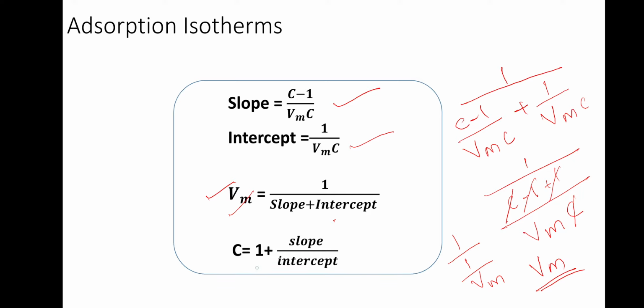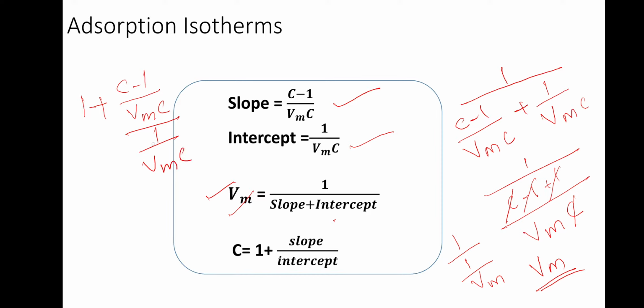Similarly, C is equal to 1 plus slope by intercept. The slope is (C minus 1) divided by VmC, divided by the intercept, which is 1 divided by VmC.